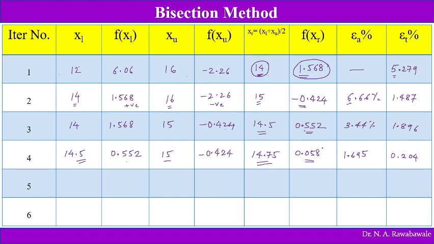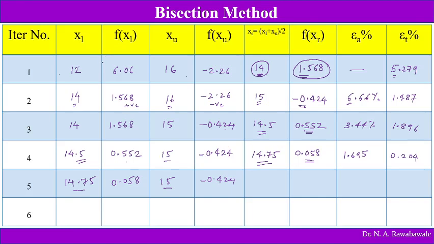Now f of XR is positive, so it replaces the lower limit 14.75, with 0.058, and the upper limit is 15, with minus 0.424. Now a new value of XR we can find out: the average of 14.75 and 15.